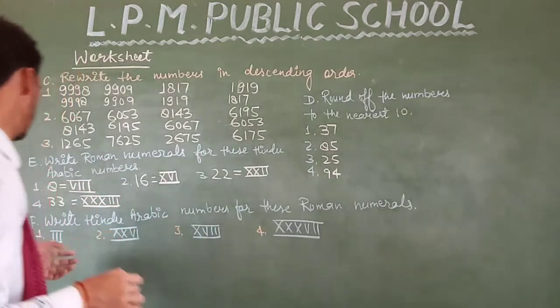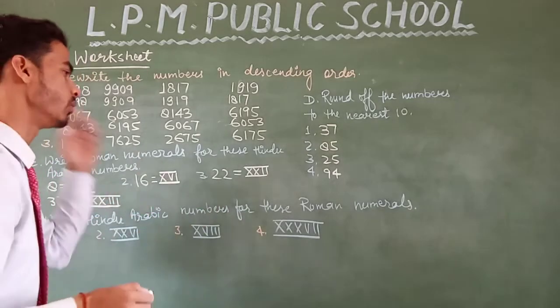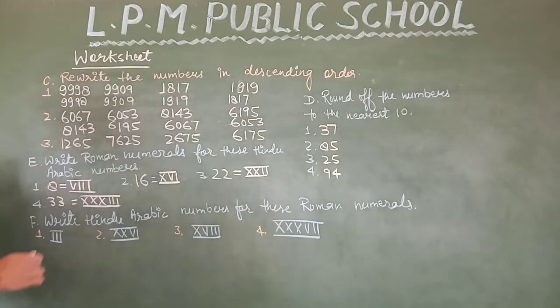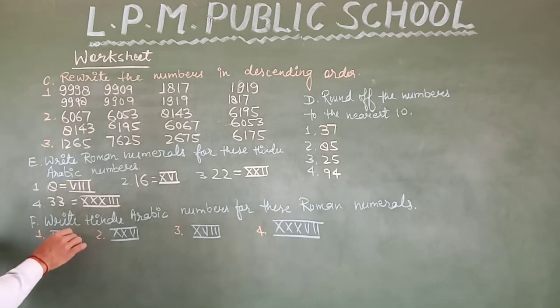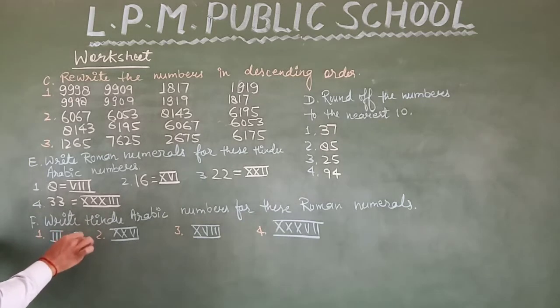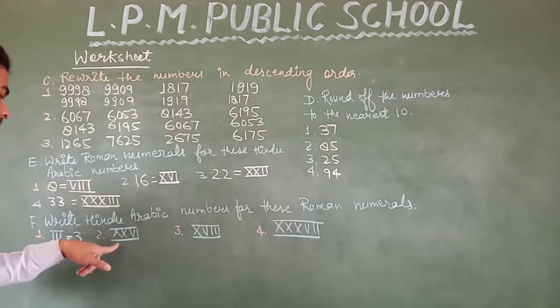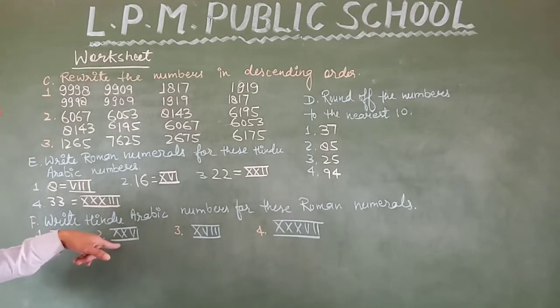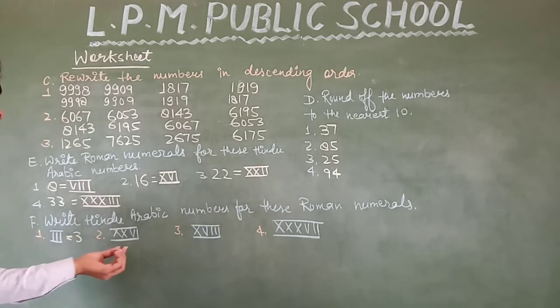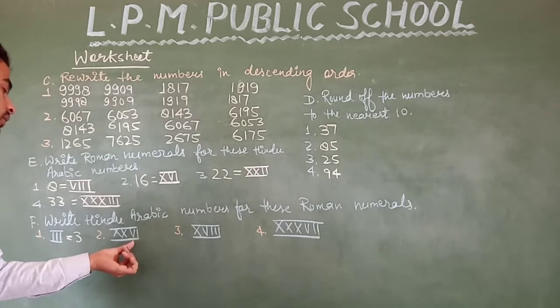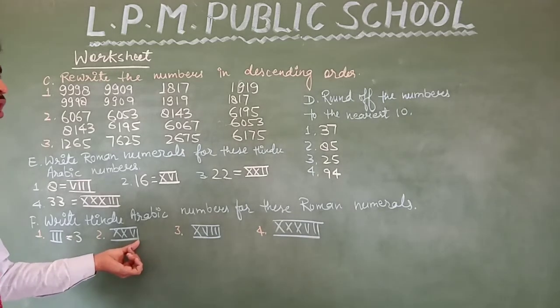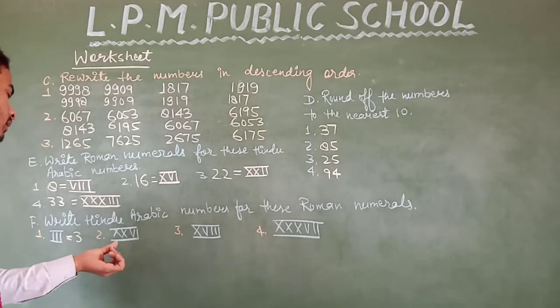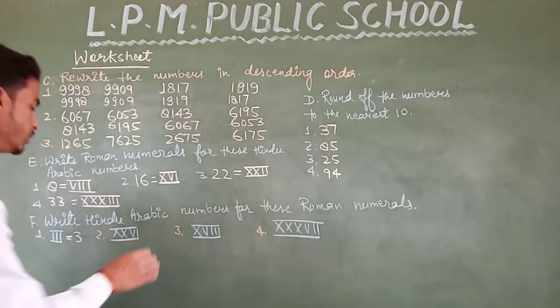And the next is: write Hindu Arabic numbers for these Roman numerals. I stands for 1, 1 plus 1 plus 1 is 3. In the next number, X stands for 10, 10 plus 10 is 20, and V stands for 5, 25, and I on the right side means addition. 20 plus 5 plus 1 is 26.